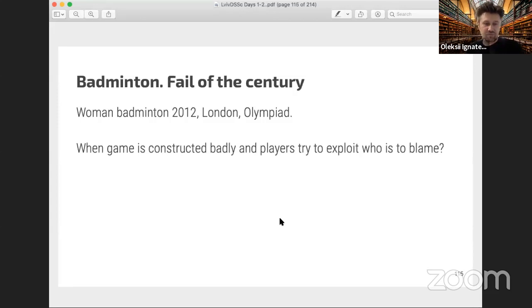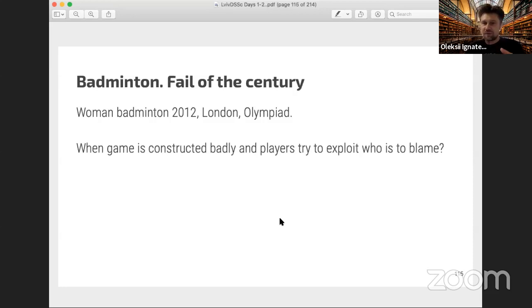It was the Summer Olympics in London in 2012. It was the women's badminton team championship, and for some reason, when they created the schedule for the games, they did not put the games at the same time, because they wanted to show them to the maximum number of people, for example.